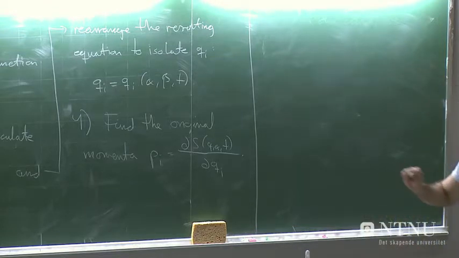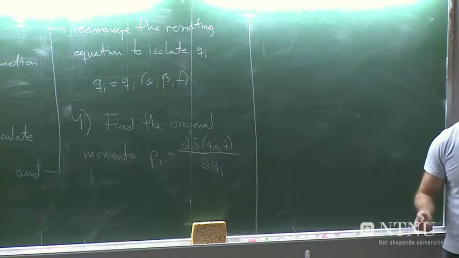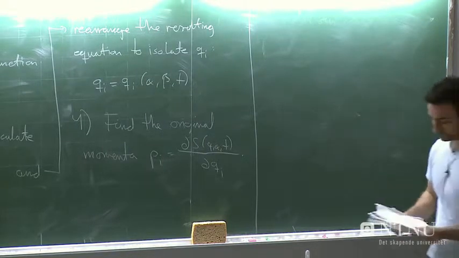Now, the treatment that we've been doing so far has been quite general in the sense that we have taken into account a possible time dependence of the Hamiltonian. So we'll consider here briefly the special case where there is no time dependence in the Hamiltonian, and in that case, this simplifies.